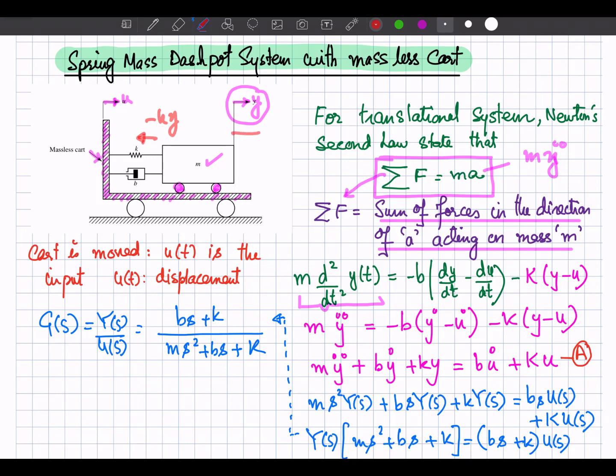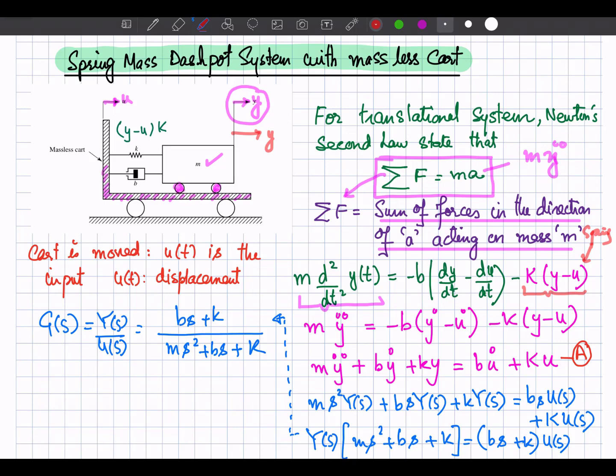If this point is moving by y and this point is moving by u, so what is the net displacement? That is y minus u. So net displacement of the spring will be y minus u. So spring constant is k. So net force because of the spring is given by this expression, k into y minus u. This is because of the spring.